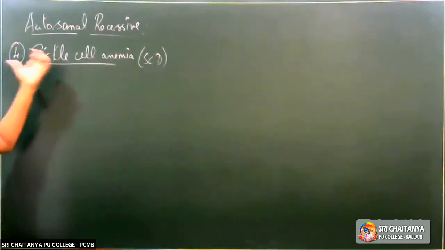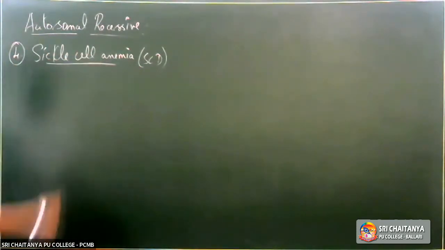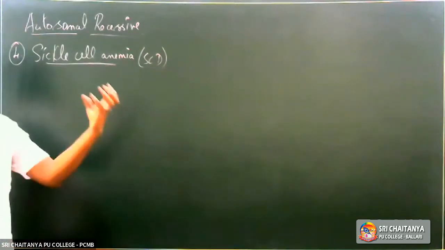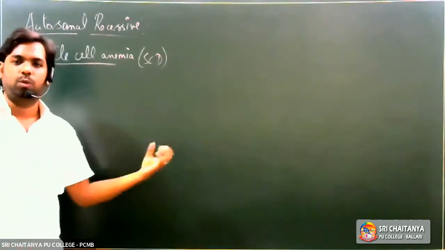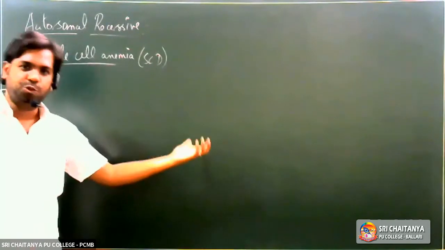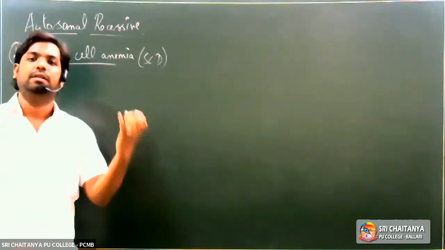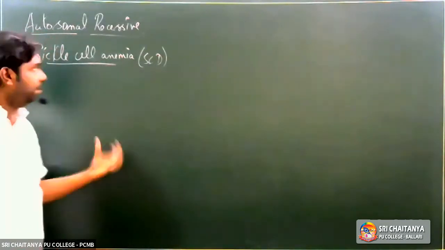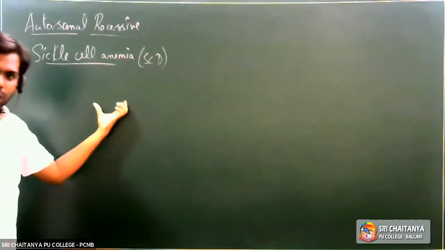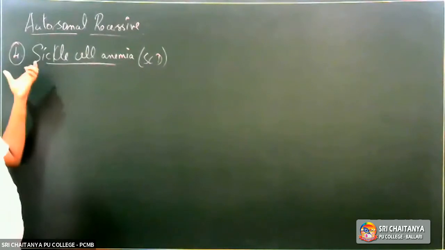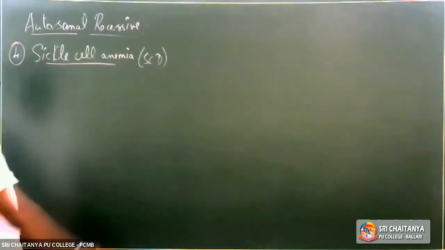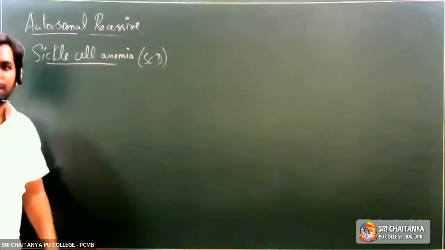From the name itself, we can make out what the condition is. Sickle cell: the shape of the cell, as we saw in the previous sessions, the RBCs, which are biconcave disc-like structures, will become sickle-like structures. That is what we refer to as sickle cell. And when we talk about anemia, what is anemia?